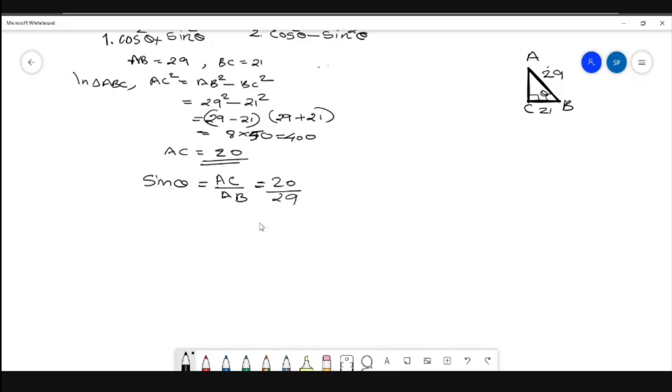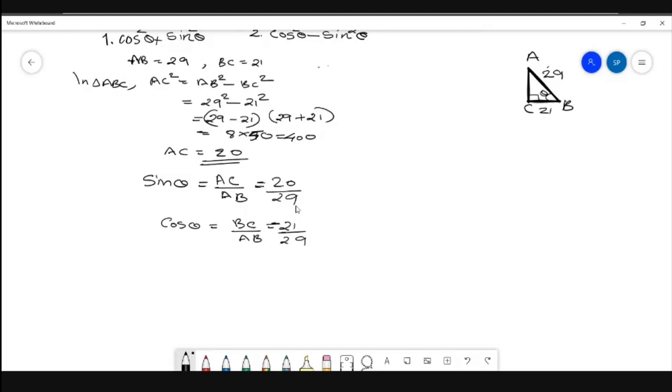So sin theta is AC by AB, that is equal to 20 by 29. Now let us find what is cos theta. Cos theta equal to adjacent side divided by hypotenuse. So the adjacent side BC is 21, so cos theta is 21 by 29.